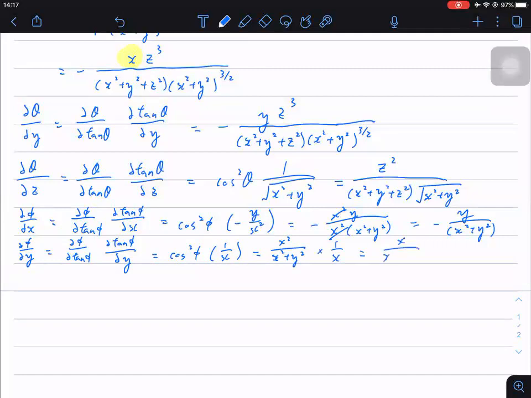So we have x over x squared plus y squared here. And partial phi over partial z is basically 0, because phi does not depend on z. Okay, so far so good for the first transformation matrix.